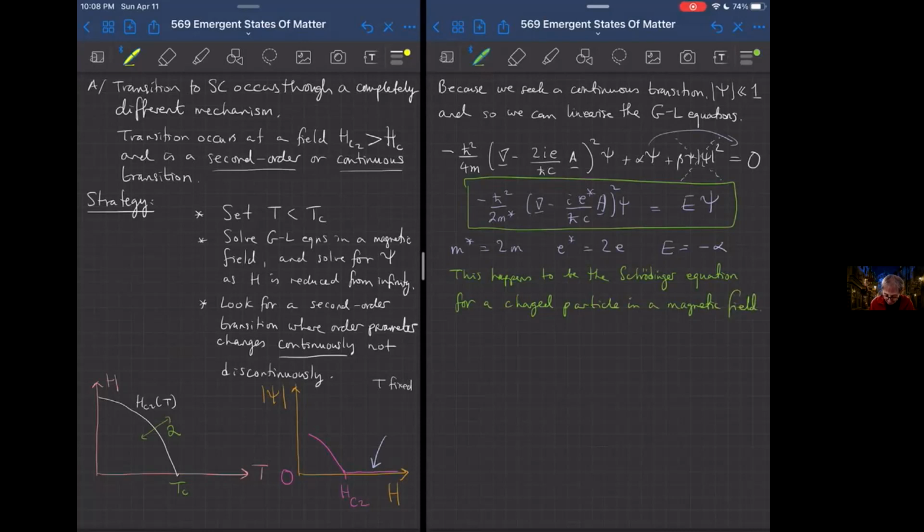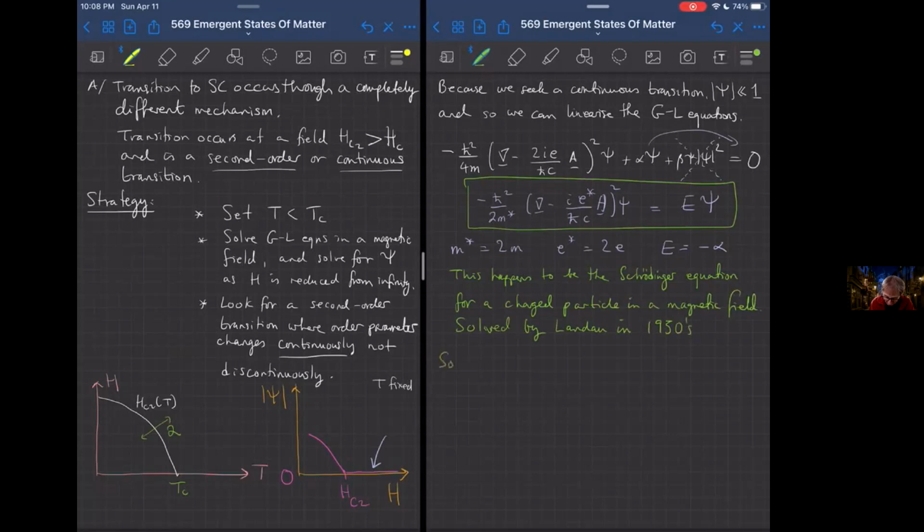And this problem was solved by Landau in 1930. And the solutions have got two quantum numbers.